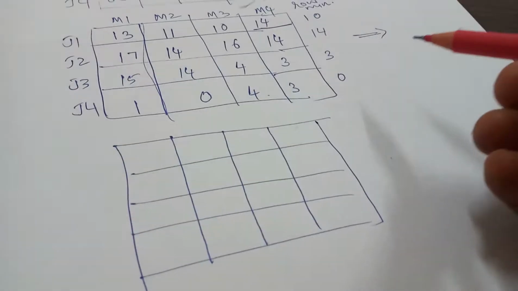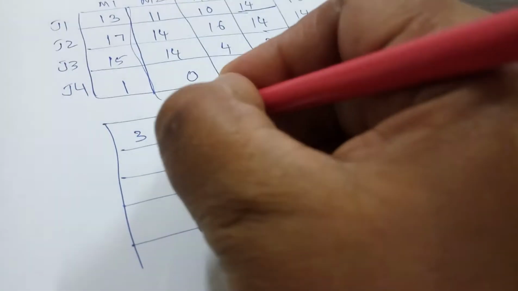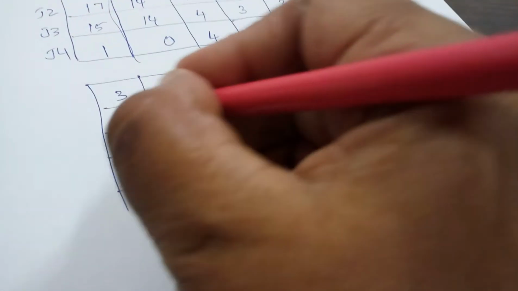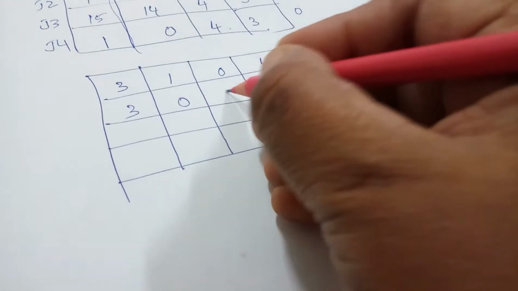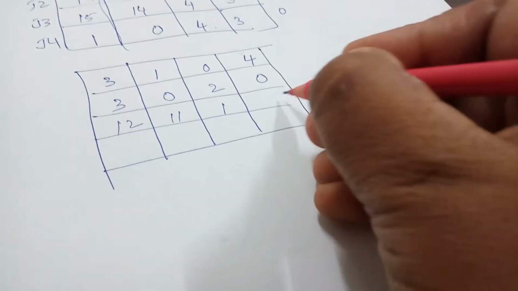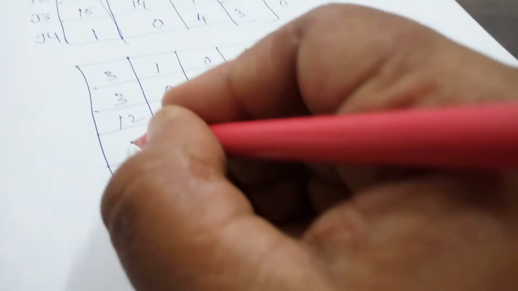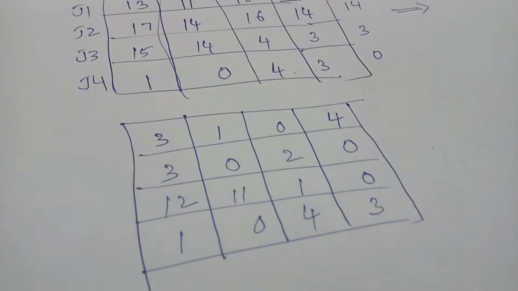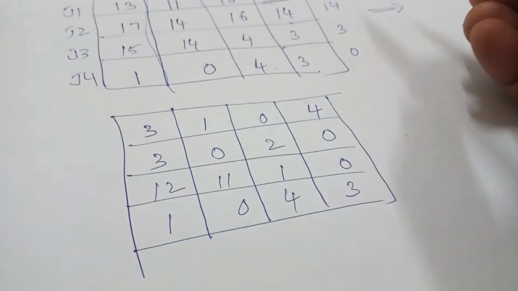So you will get the matrix as 3, 1, 0, 4, 3, 0, 2, 0, 12, 11, 1, 0, 1, 0, 4, 3. So this matrix you got after subtracting row minimum from each value.